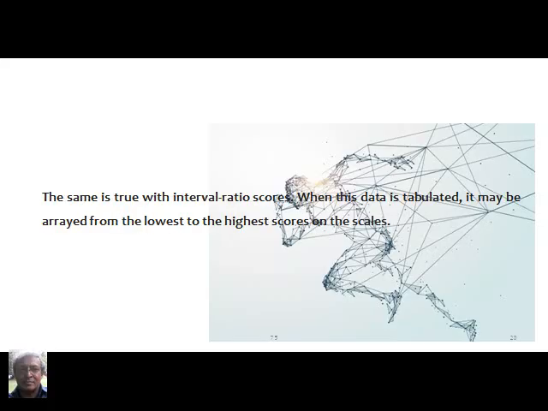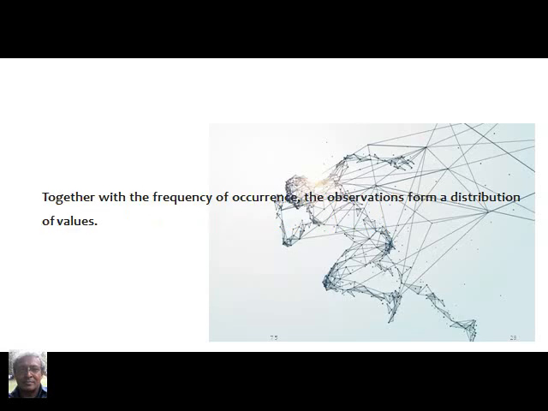The same is true with interval ratio scores. When this data is tabulated, it may be arrayed from the lowest to the highest scores on the scales. Together with the frequency of occurrence, the observations form a distribution of values.